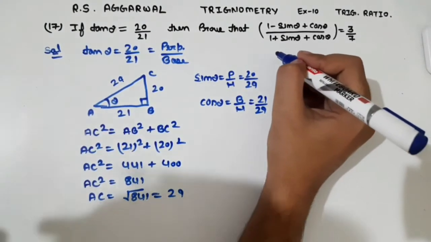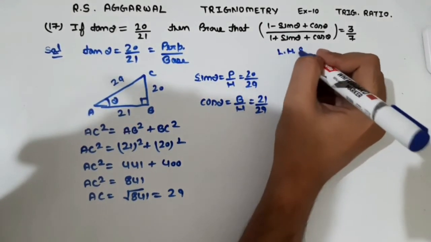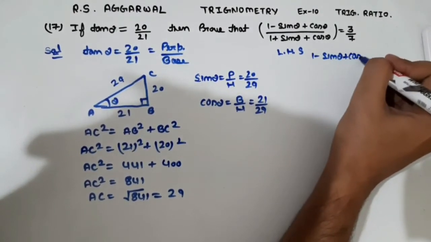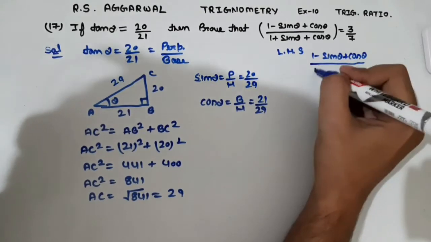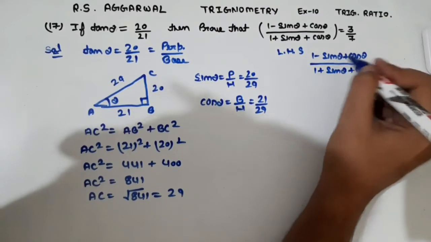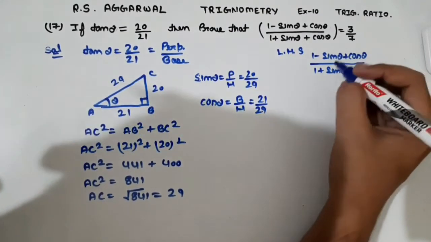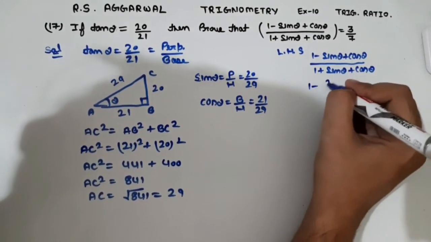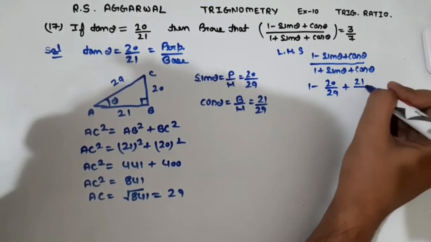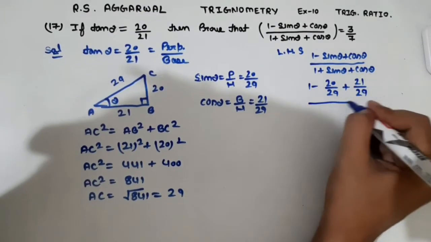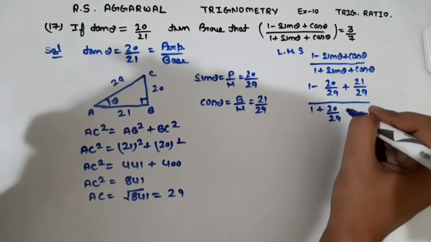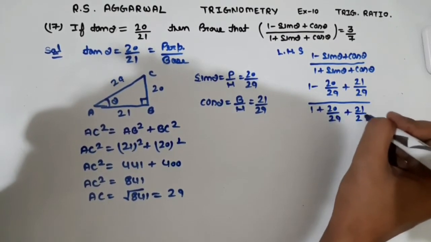Now from left hand side, that is (1 minus sin theta plus cos theta) upon (1 plus sin theta plus cos theta). Now here we will put the values of sin theta and cos theta. So 1 minus sin theta is 20/29 plus cos theta is 21/29 upon 1 plus sin theta, that is 20/29 plus 21/29.